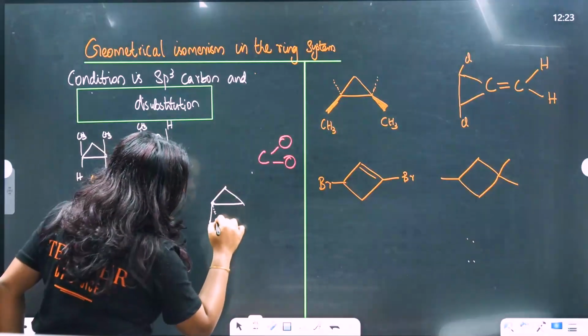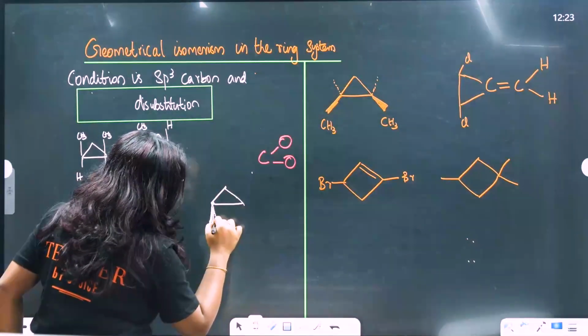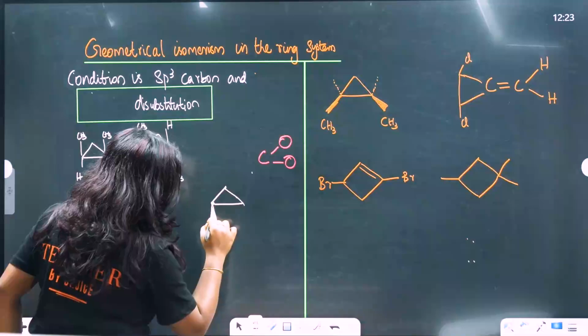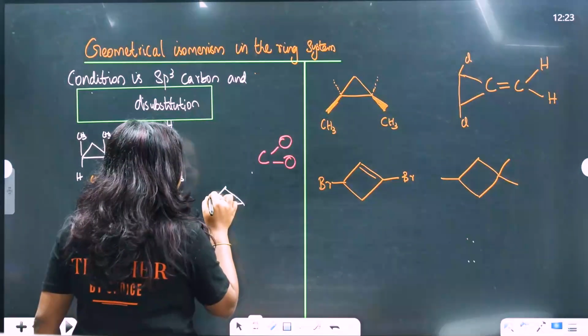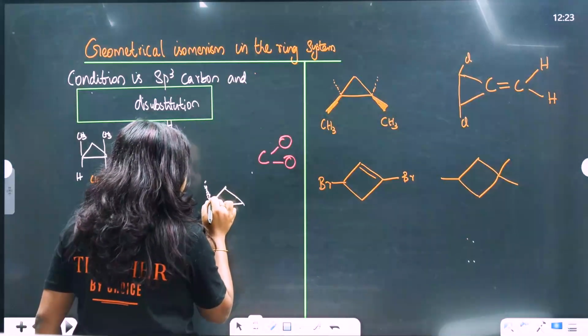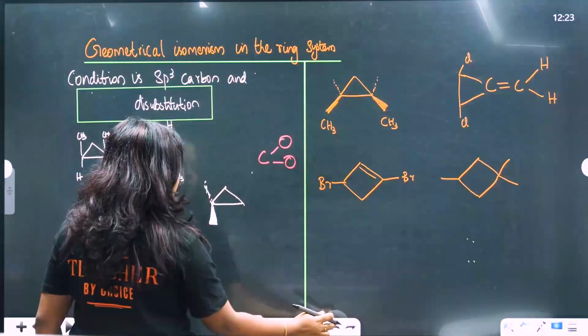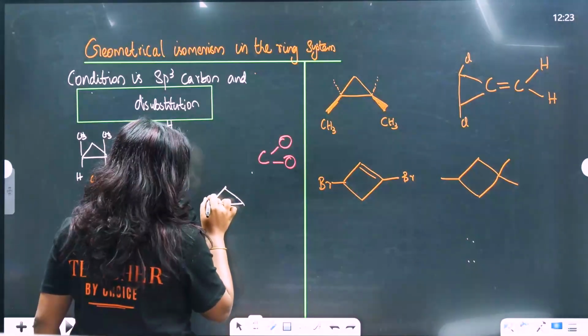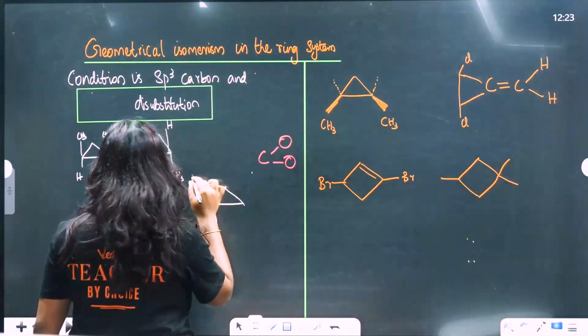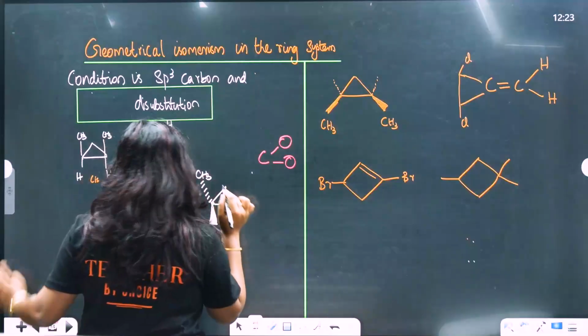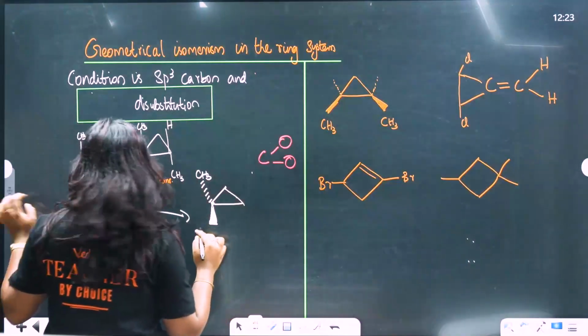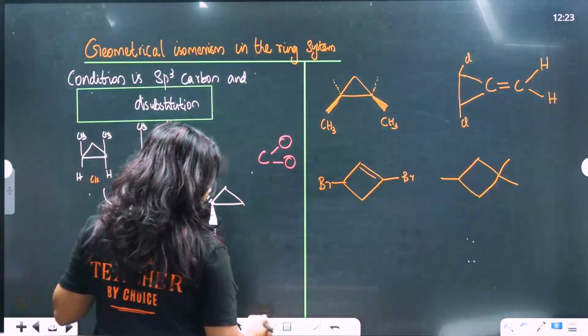So that I am referring to like wedge or dash. Okay, and another bond is away from me. So that bond I represent by the dashed lines, which means this will be CH3 here. This will be your hydrogen.